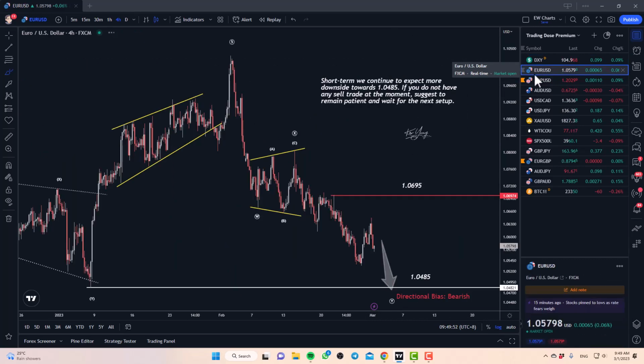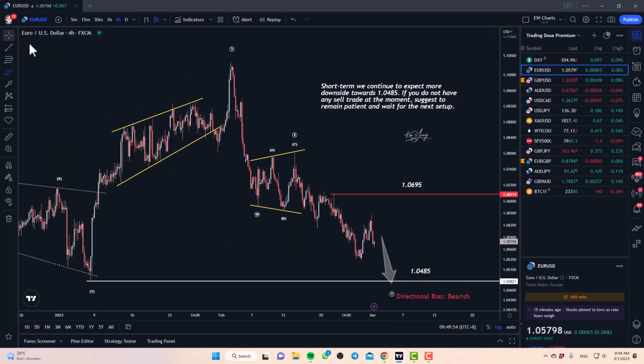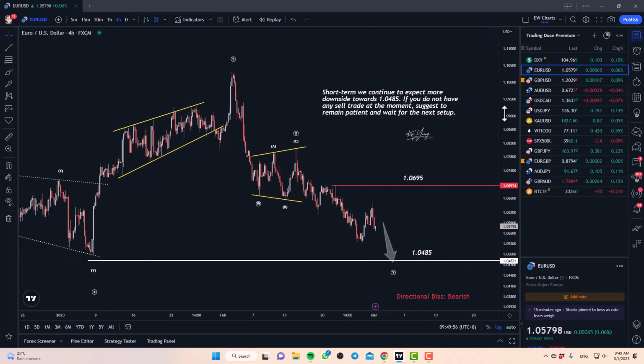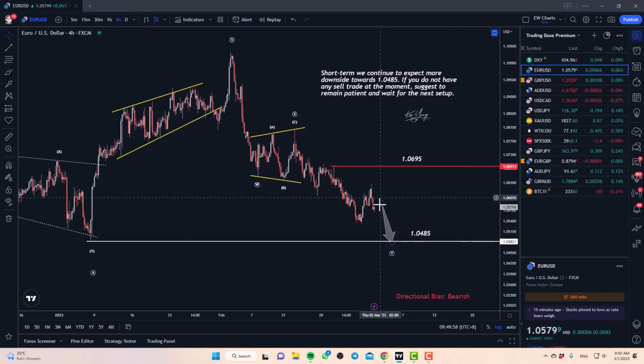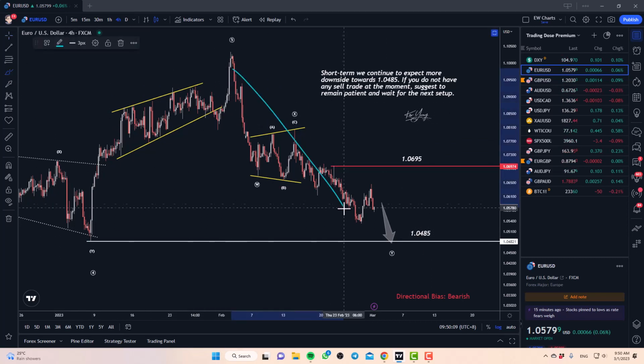And of course, if you translate that perspective into the euro, they're kind of inverse in this relationship. So we're still expecting that short-term downside, potentially towards 1.0485, which is where the previous low is. Similar concept over here: the market came down quite a bit, and we are expecting a bounce or at least some form of reaction, a bigger retracement, from this area.